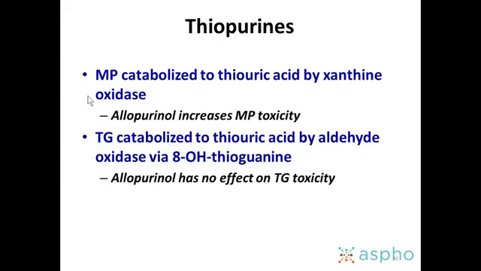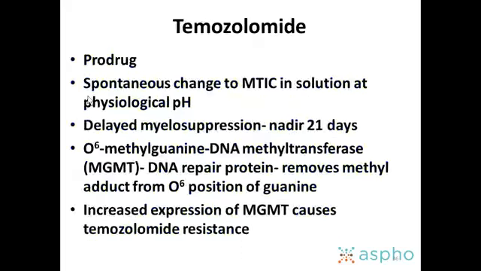But anyway, this doesn't happen with 6-TG because 6-TG is catabolized to thiuric acid by aldehyde oxidase via 8-hydroxylation of thioguanine, and therefore you don't have to worry about it with 6-TG.